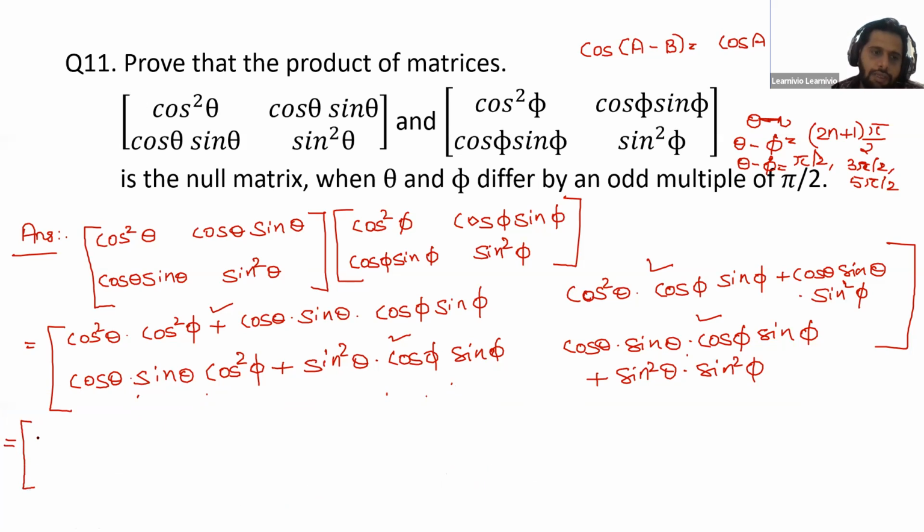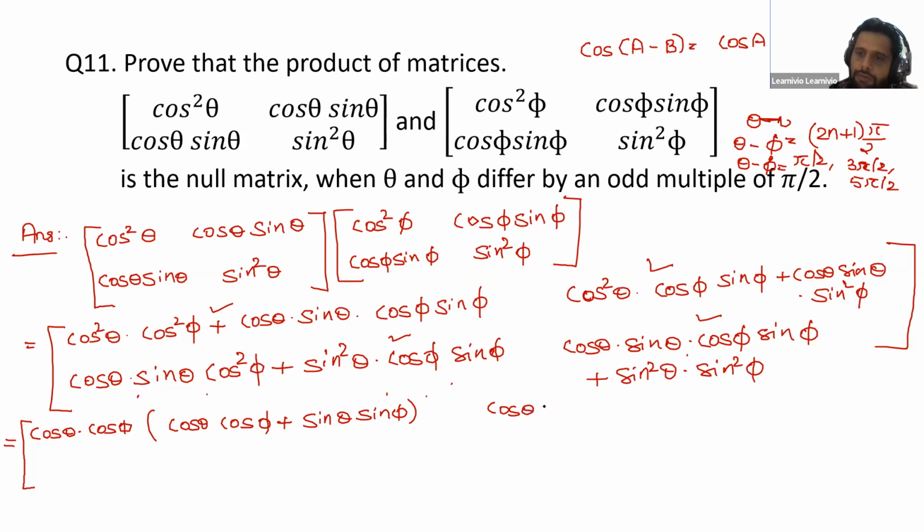So here we can take the common factor. We will get cos theta cos phi plus sin theta sin phi. From this, take out the common factor, so you can take cos theta, and from this you will get sin theta.